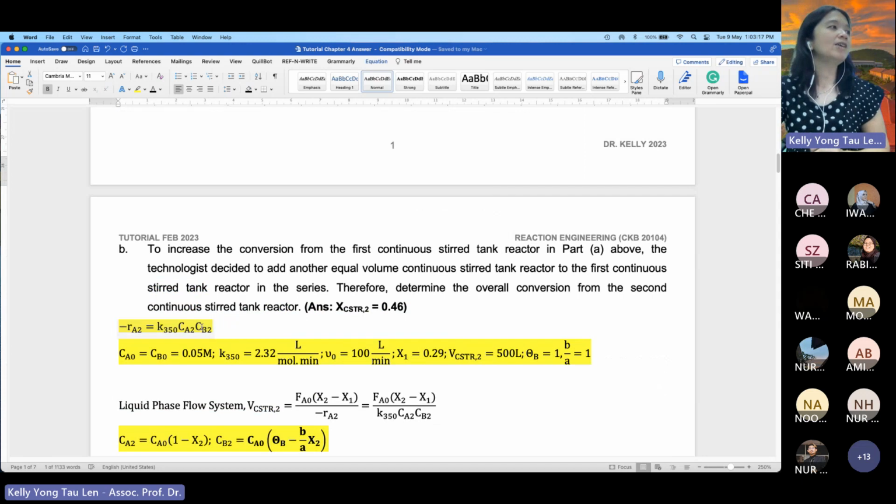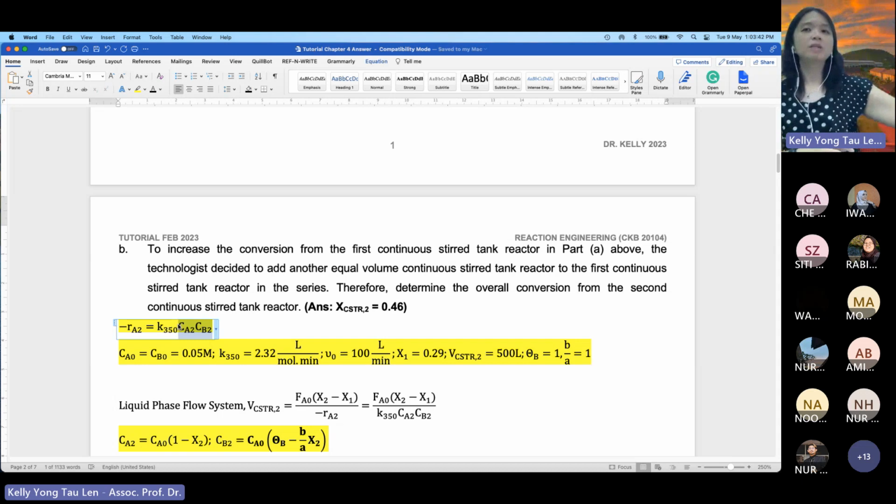Now that I have the second reactor, the CA and CB must be in the second reactor, meaning CA2, CB2. Okay, for the first reactor, CA1, CB1. Now for the second reactor, it must be the concentration of A in the second reactor, CA2, and the concentration of B in the second reactor, CB2. So, why are the concentrations different? Because remember, the conversions are not the same. The conversion of the first reactor is 0.29. The conversion of the second reactor we do not know yet. But we know it will not be 0.29, because conversion increases with the number of reactors. Okay, so that's the problem. CA2 and CB2.